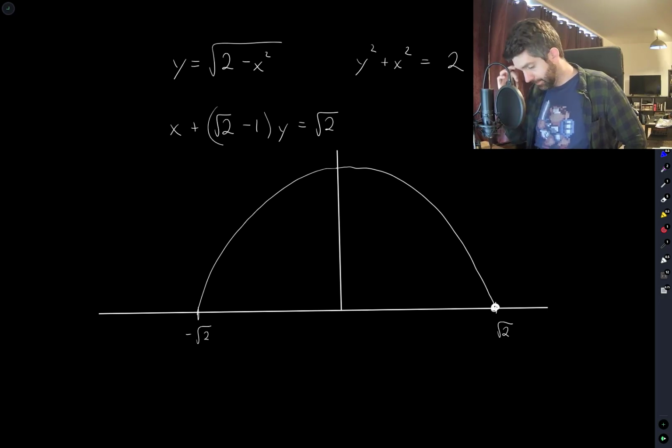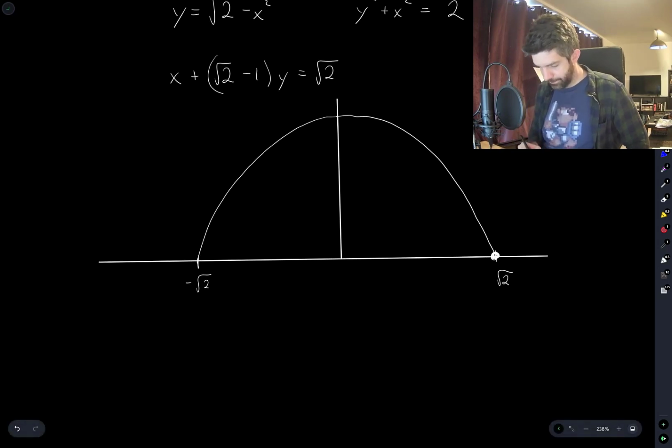And when y is equal to 1, no, let me just rewrite this.